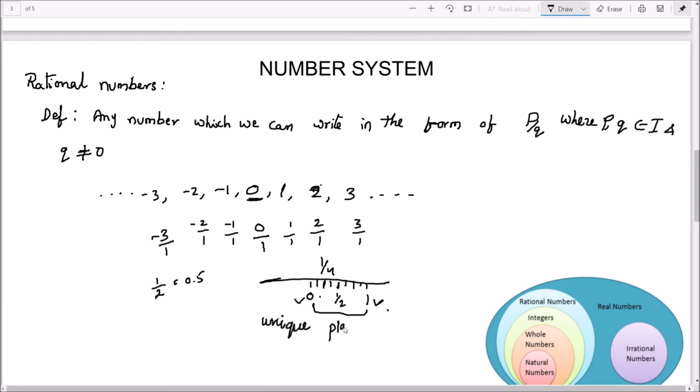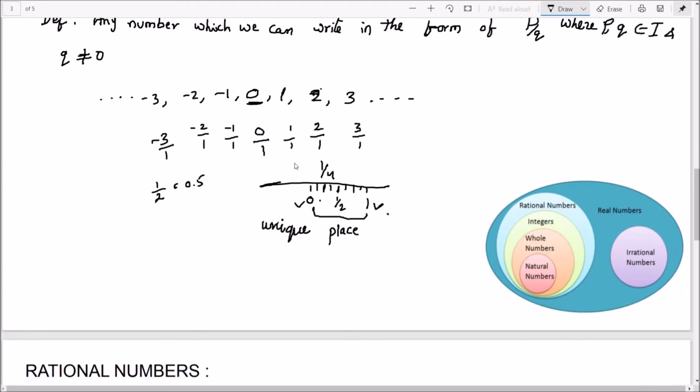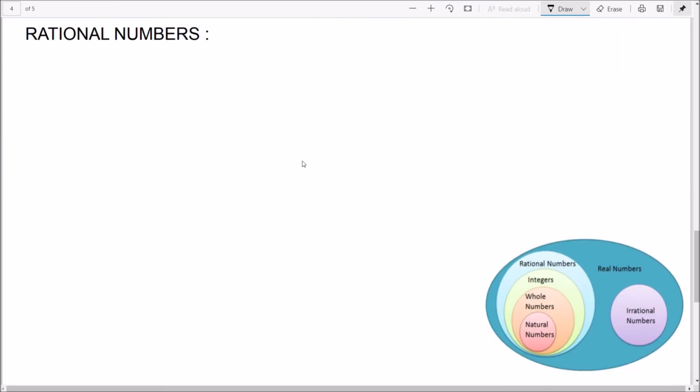This is about rational numbers. Now we will see how to represent rational numbers on the number line.